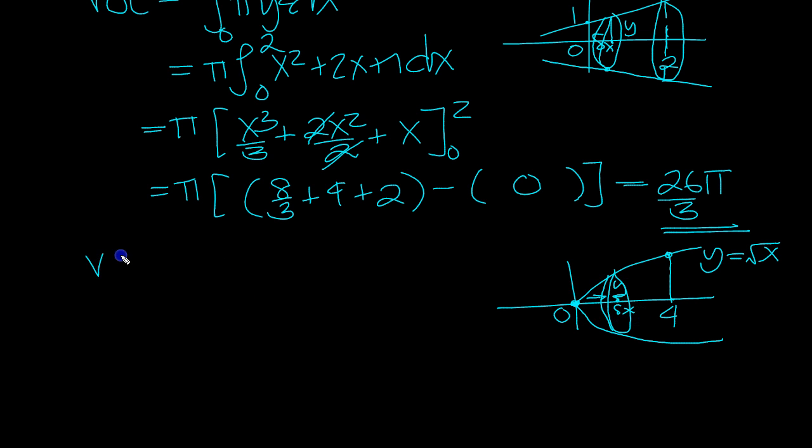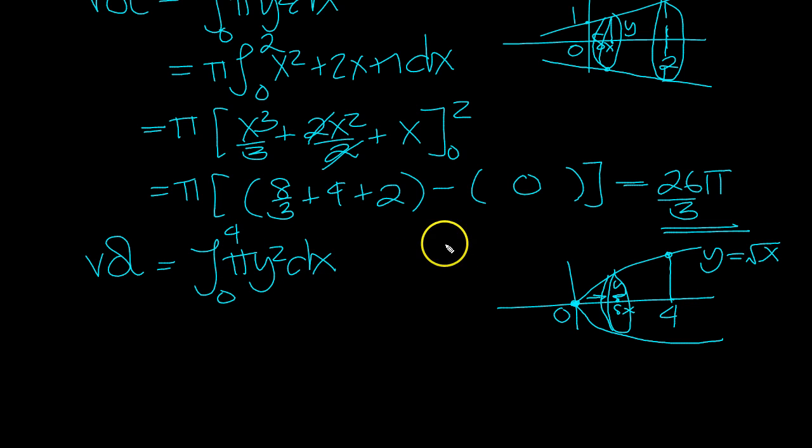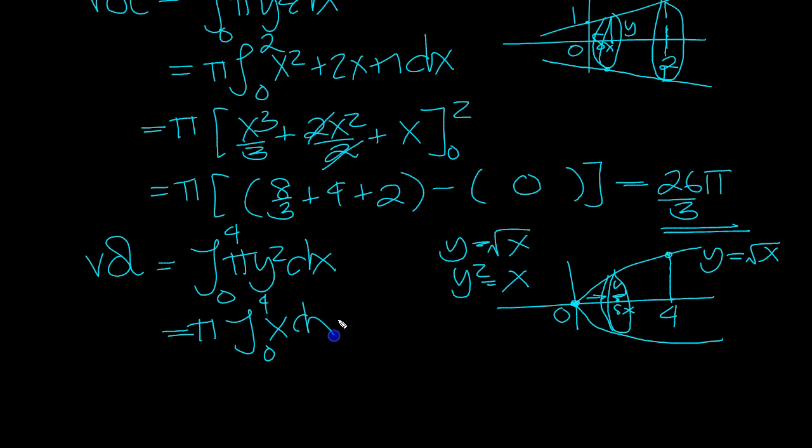As usual, the volume is integral pi r squared dx between 0 and 4, it said, didn't it? x equals 0 and 4. y is equal to square root x. Square it then. y squared is equal to x, isn't it? So we can replace that by, put the pi outside, integral of x between 0 and 4 dx.